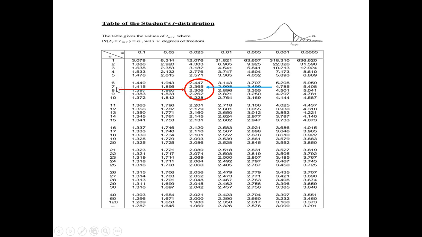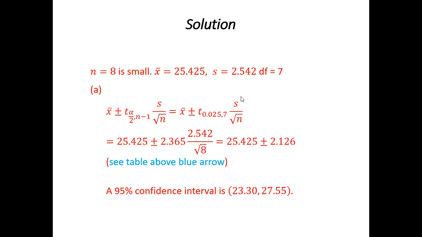Degrees of freedom is 7, 0.025 in the right tail. So I would get 2.365. Okay, so that's where this number comes from. When we simplify the error term, we get 2.126, and then we add and subtract that to get our confidence interval.